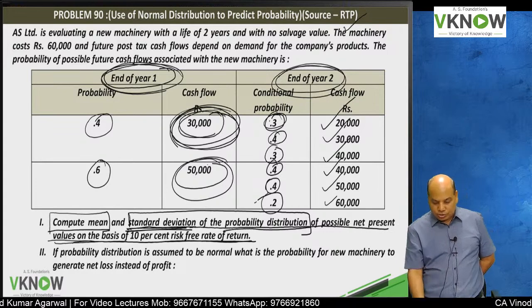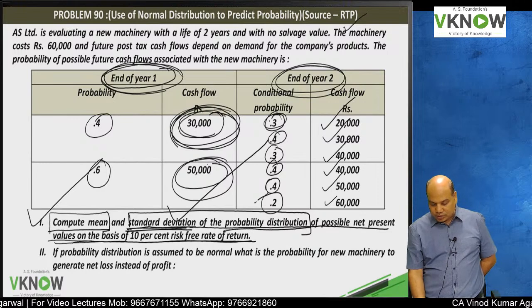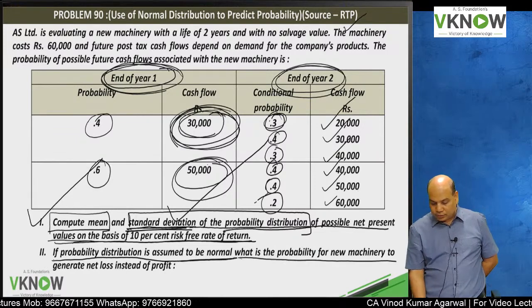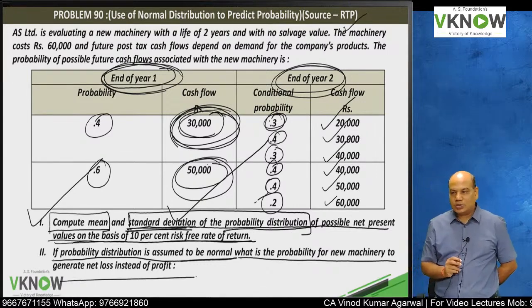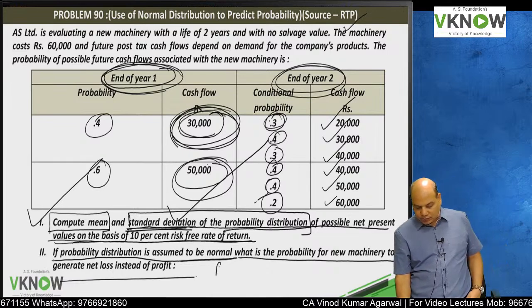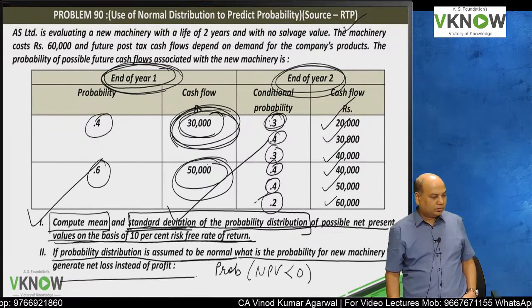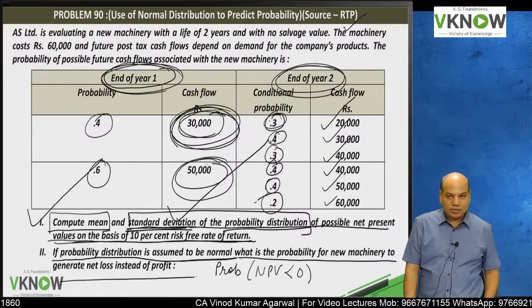And after you compute mean and standard deviation, then if the probability distribution is assumed to be normal, what is the probability for the new machinery to generate net loss instead of profit, which means they are asking you what is the probability that NPV will be less than 0.